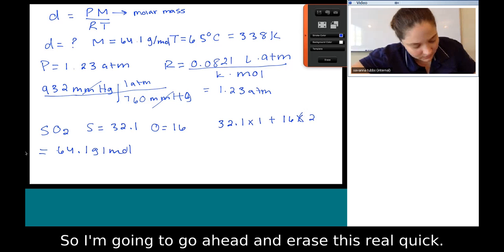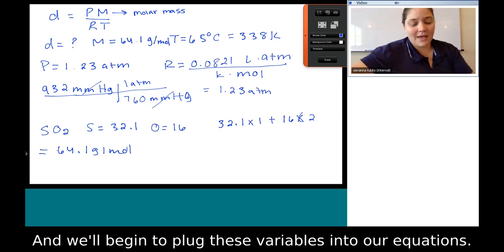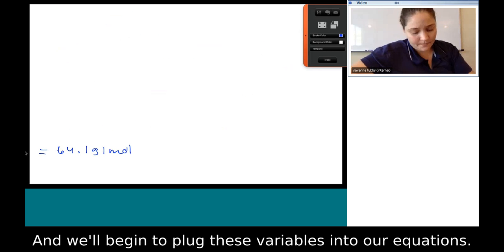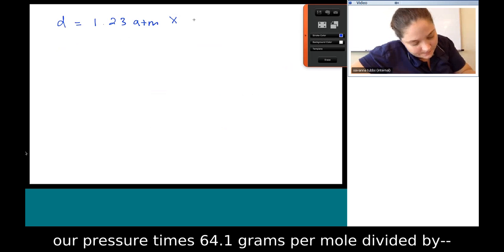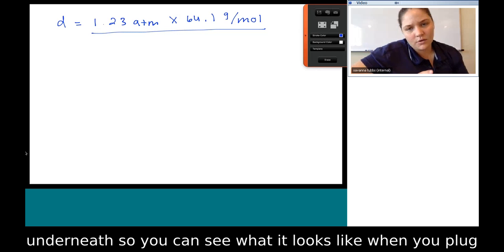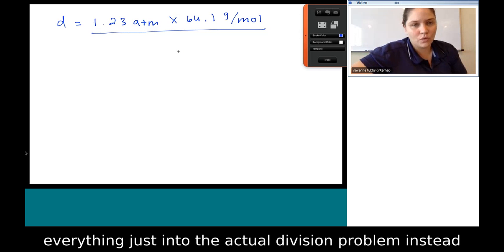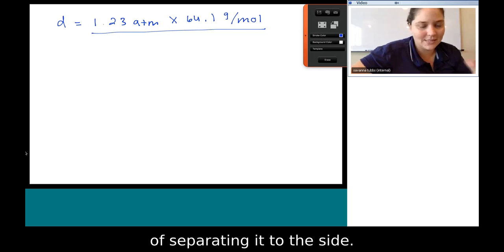So I'm going to go ahead and erase this real quick, and we'll begin to plug these variables into our equation. Okay, so we have density equals 1.23 atm, because our pressure, times 64.1 grams per mole, divided by, I'm going to go ahead and keep everything underneath so you can kind of see what it looks like when you plug everything just into the actual division problem instead of separating it to the side.